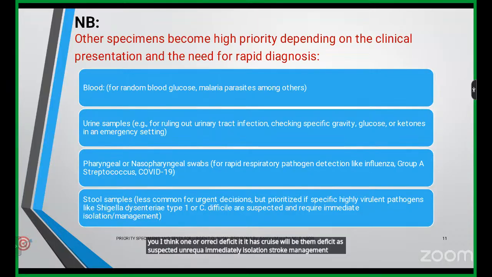There are other cases that we all know, like Vibrio cholerae, and also polio, because polio is detected in stool. These specimens must be treated with high priority, especially in suspected cases.